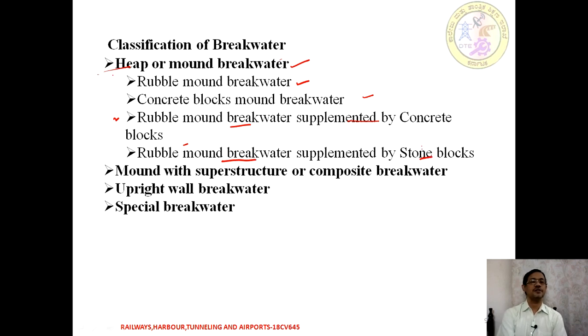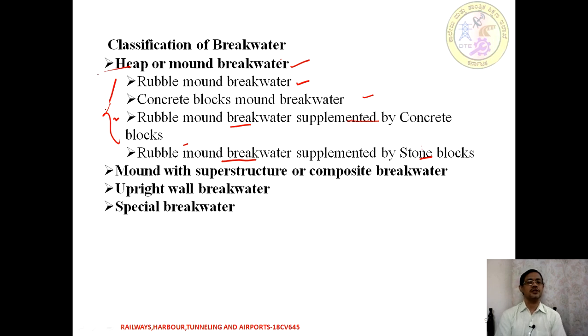All these types are chosen depending upon the energy that has to be broken, and the size or types of material or the types of vessels being operated. We classify it as the heap type because we are just pouring material onto the sea side in the form of a heap to break the intensity of the seawater, hence the name heap or mound type.